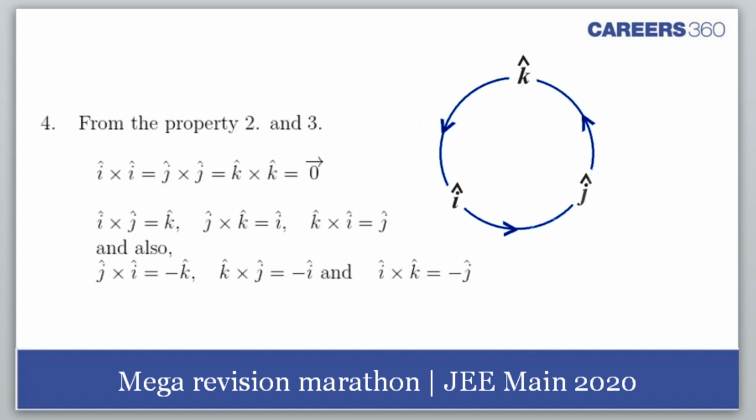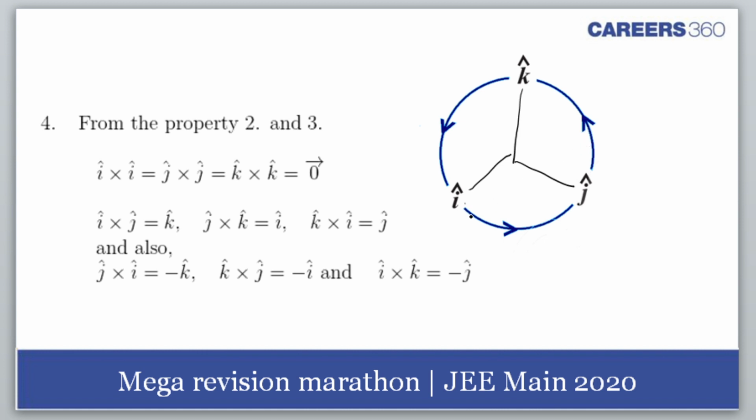Now here we have from the property 2 and 3. We were mentioning some property here. I hope you know what is i cross j or j cross k. How do you calculate that? Let me tell you, you make a Mercedes sign, make an anti-clockwise cycle.